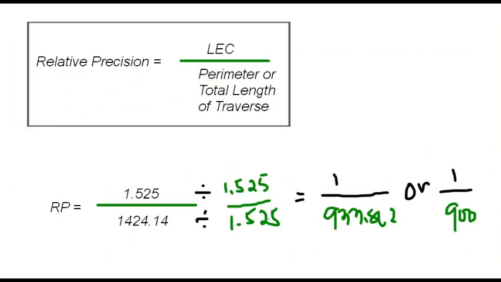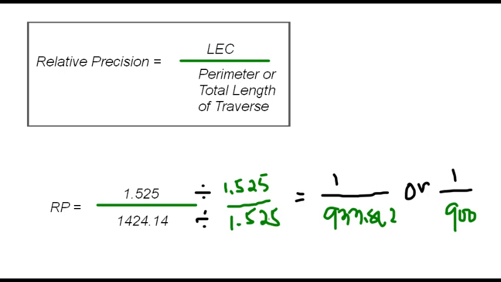And so finally, we are about to get the relative precision of our traverse. So we have LEC divided by the perimeter, or the total length of your traverse. So RP is equal to 1.525 divided by the total distance of our traverse, which is 1424.14.